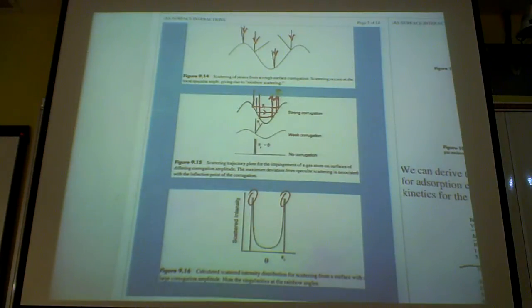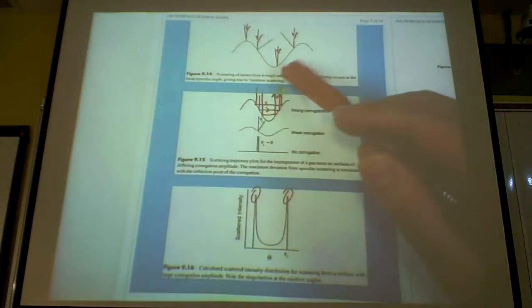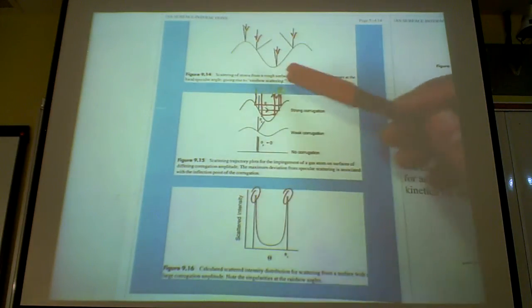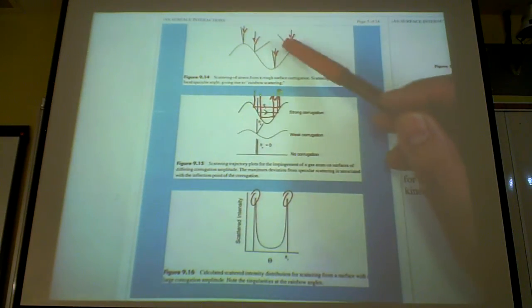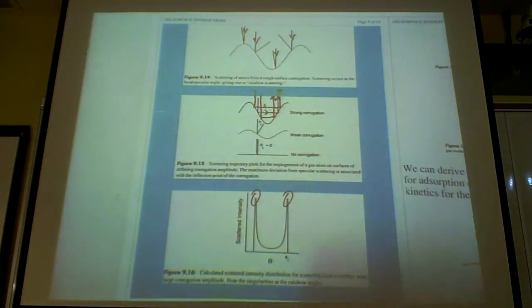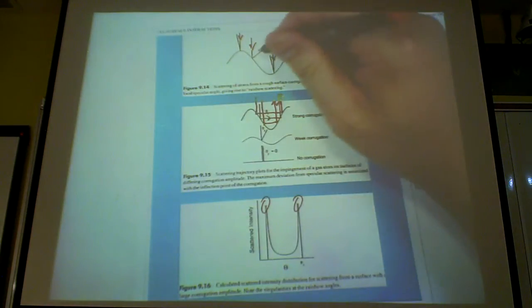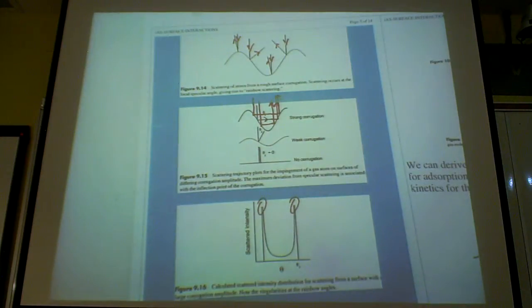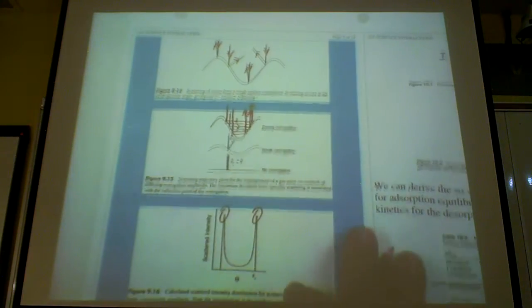angles. This is often known as rainbow scattering, because of this whole range of outgoing angles of the particle beam coming out.